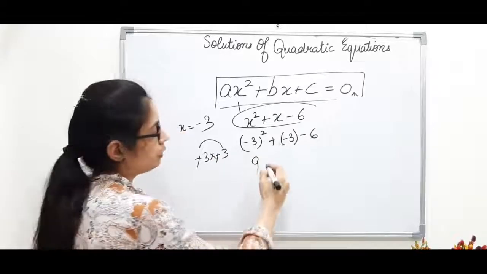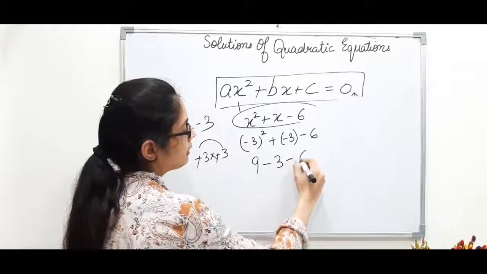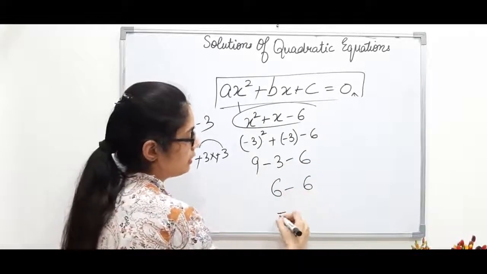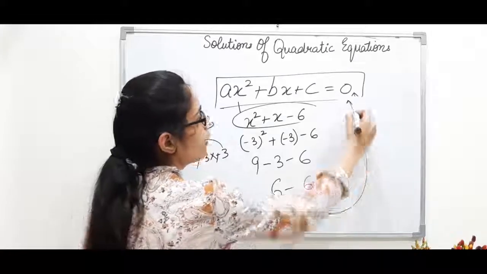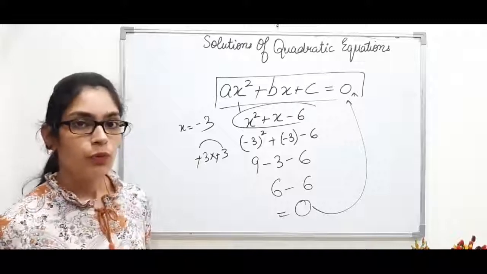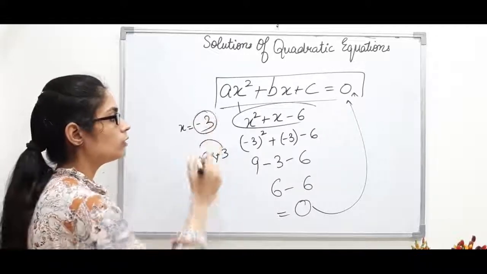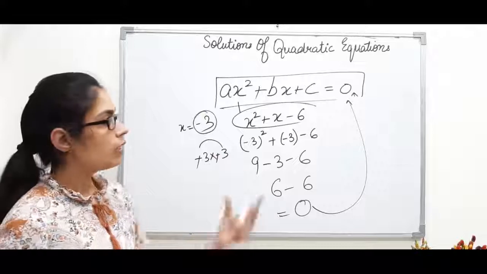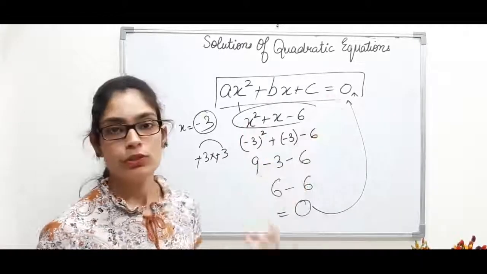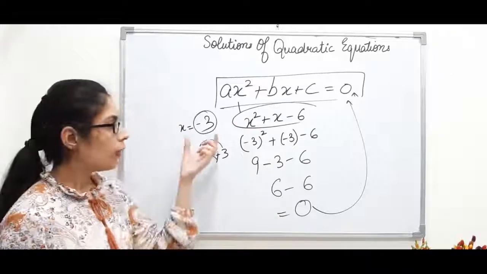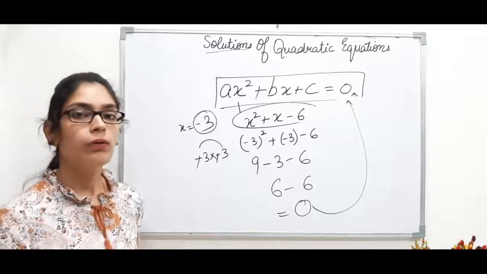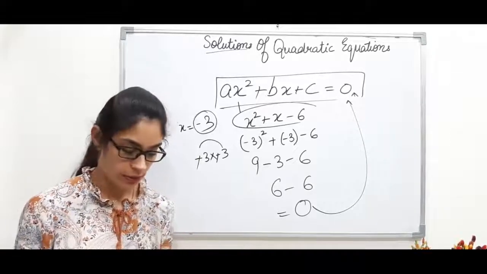Plus minus will be changed to minus 3 minus 6. 9 minus 3 is 6. And 6 minus 6 again is 0, which is equal to the right hand side of our equation. So that's what I have told you, that value of x for which we get the left hand side of our quadratic equation equal to the right hand side, which is already 0, that value of x will be the solution of the quadratic equation, or you can also say root of the quadratic equation.